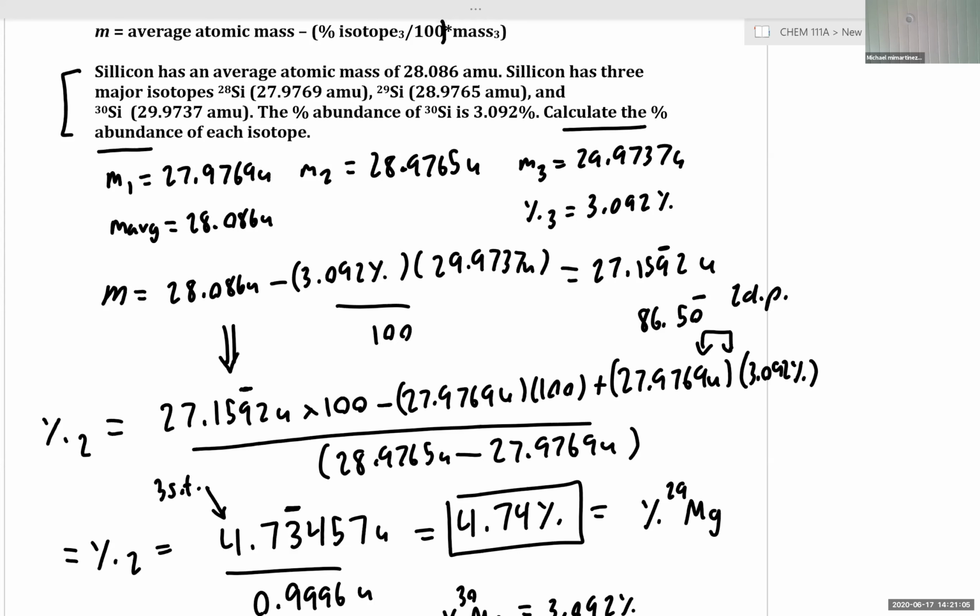Does that make a little bit more sense now? Yeah, and did we use the atomic mass for anything? Yes, the atomic mass gets inputted right here. Okay, got it. Perfect. So essentially for these types of problems, we only need 2 masses and the percent abundance of one of the masses. Yes, exactly.